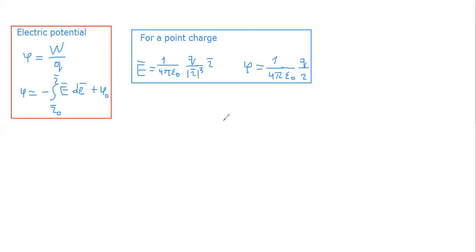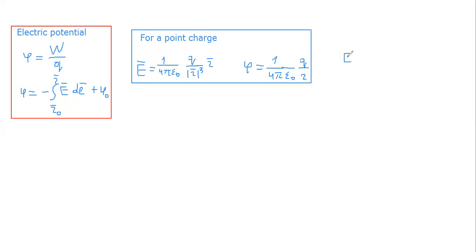But if we have the opposite problem, if we know the electric potential and we have to find the electric field intensity, how to do this? This can be done by the next formula.